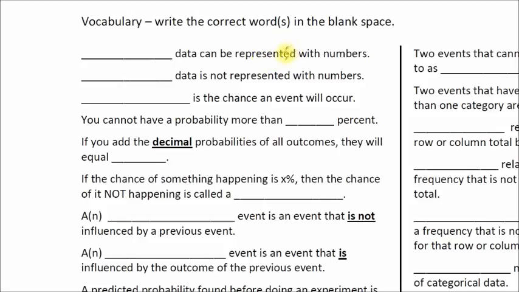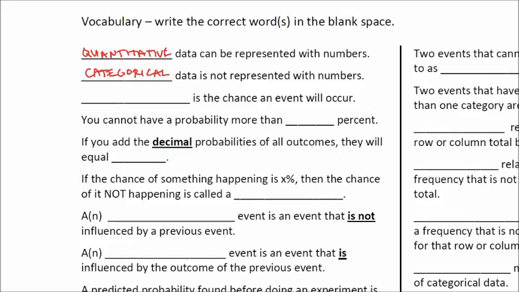So quantitative can be represented by numbers. Quantitative. And that means categorical is the type of data that is not represented by numbers. Categorical.